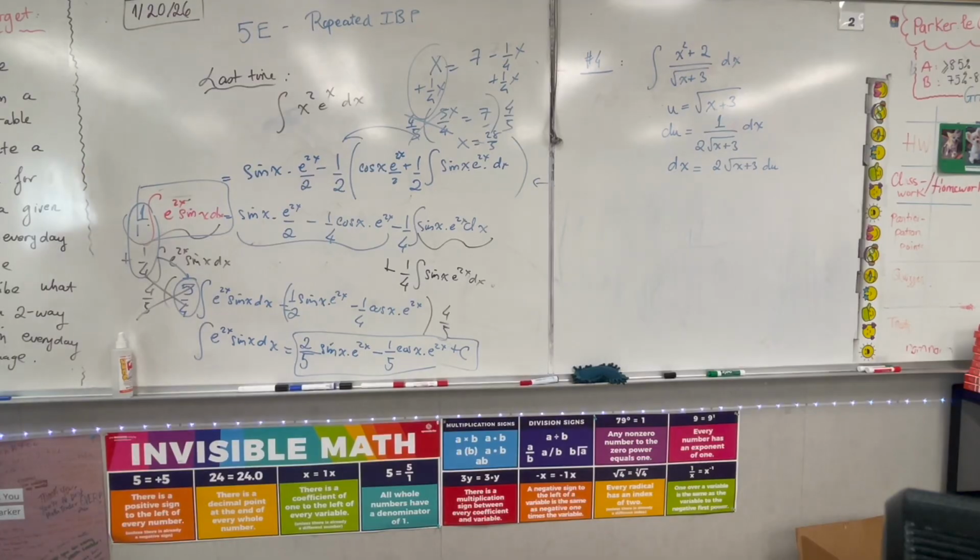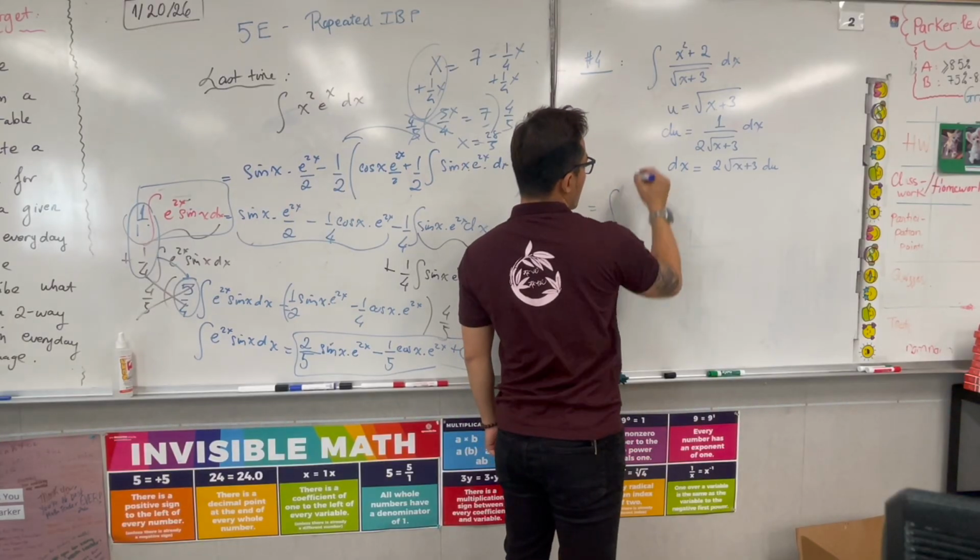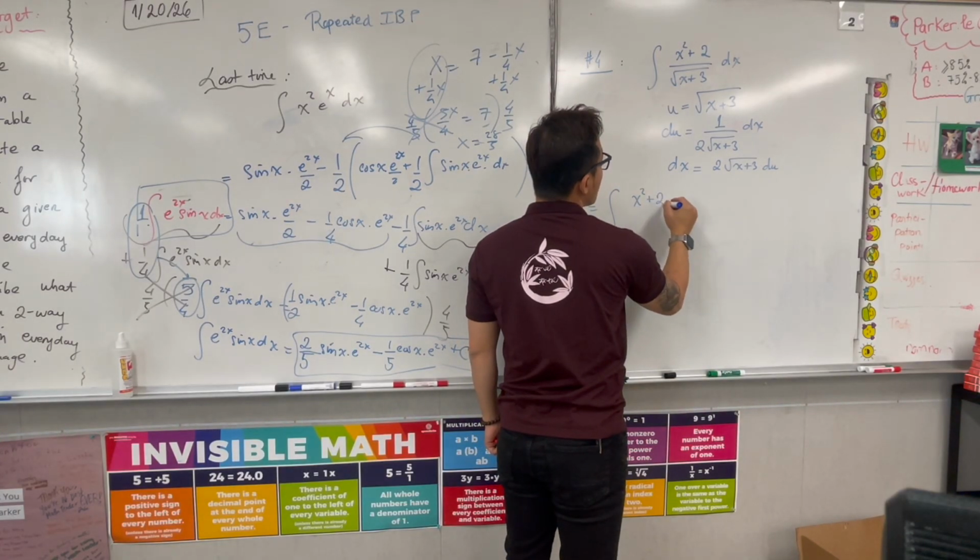Any questions? Just stop me, right? Take the derivative of the square root, 1 over 2 square root of x, and then just plug in x plus 3. Alright. Now, plugging in everything. The original problem we have x squared plus 2.